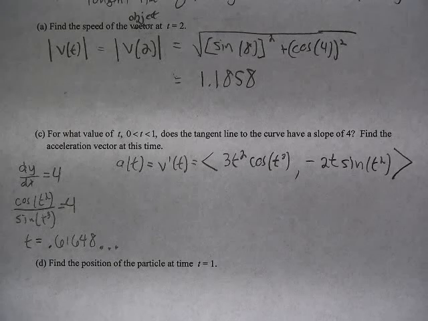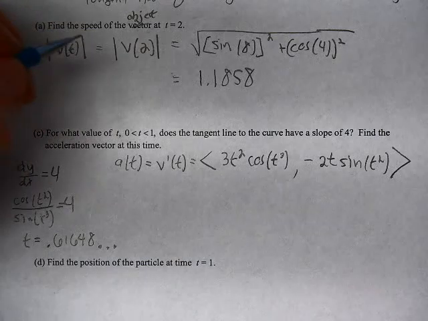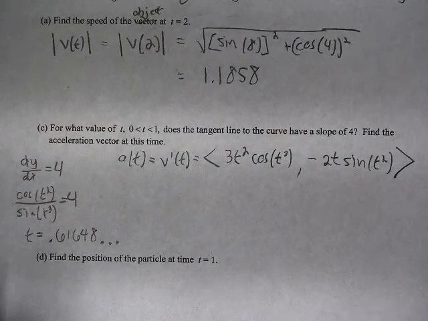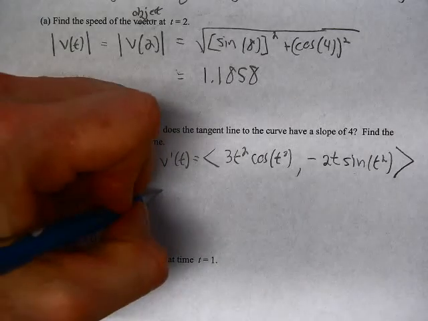So now we're simply going to evaluate each of these at our t value, which again is here in truncated form, but I'm going to use all the decimal places.